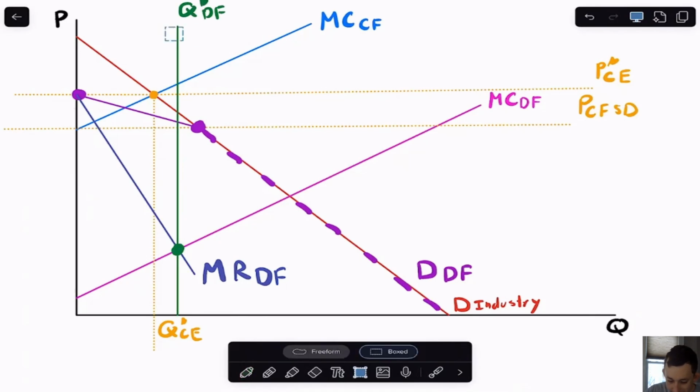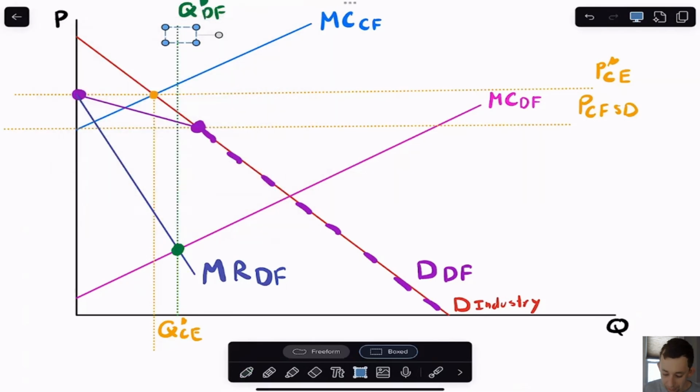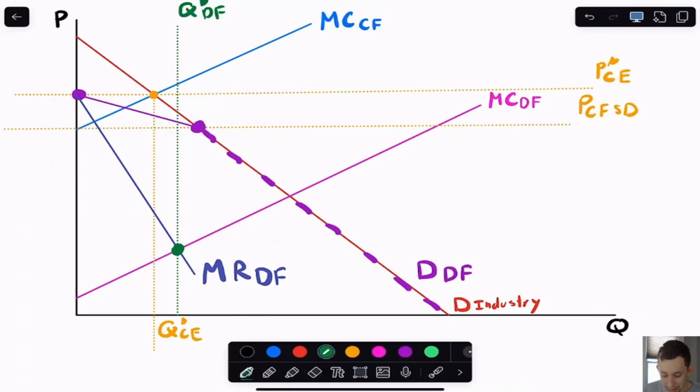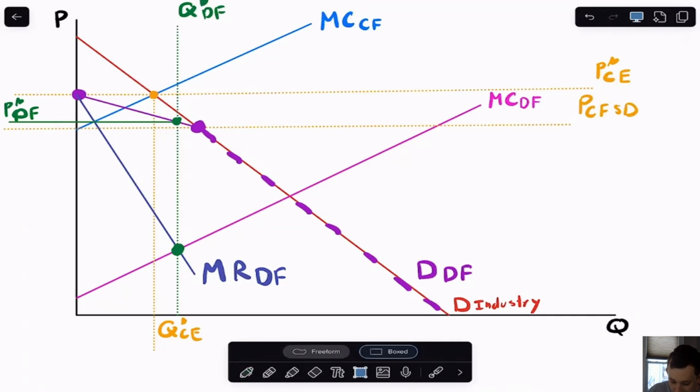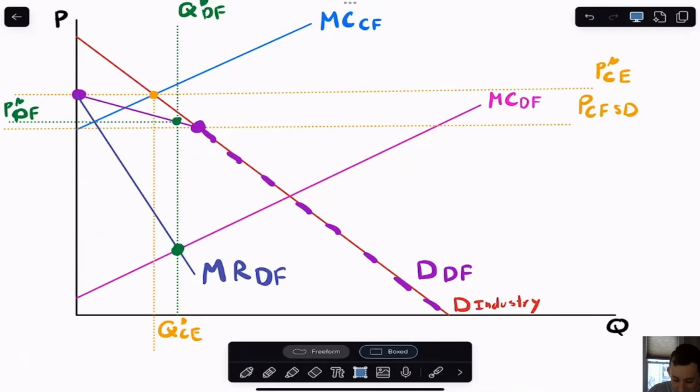Maybe I'll do that again in a dashed line so it stays out of the way as much as possible. Now, as a price setter, I take where my marginal revenue equals my marginal cost, go up to my demand function, and that's where I find the price. So that's going to be right here. I can shift over like this, and this is my P star of the dominant firm, or DF. Again, I'll make this a dashed line so that we can fit a bunch of stuff in here.